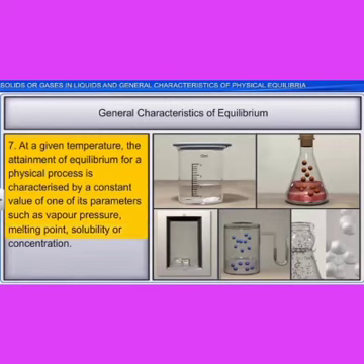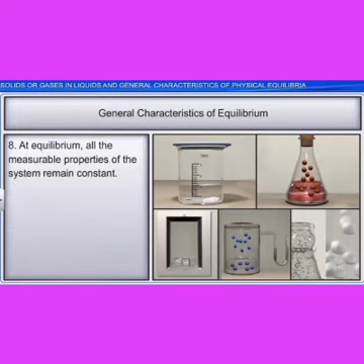For example, during equilibrium between liquid and gaseous water molecules, the vapor pressure of water remains constant at a given temperature. At equilibrium, all the measurable properties of the system remain constant. For example, for the solubility of solids in liquids, the solubility remains constant at a given temperature.